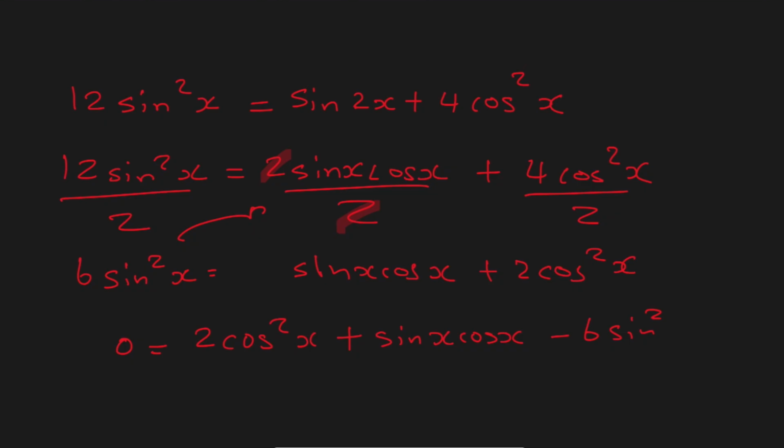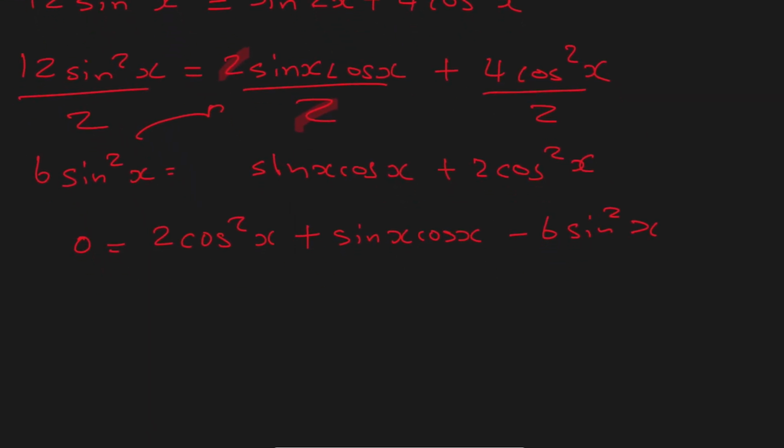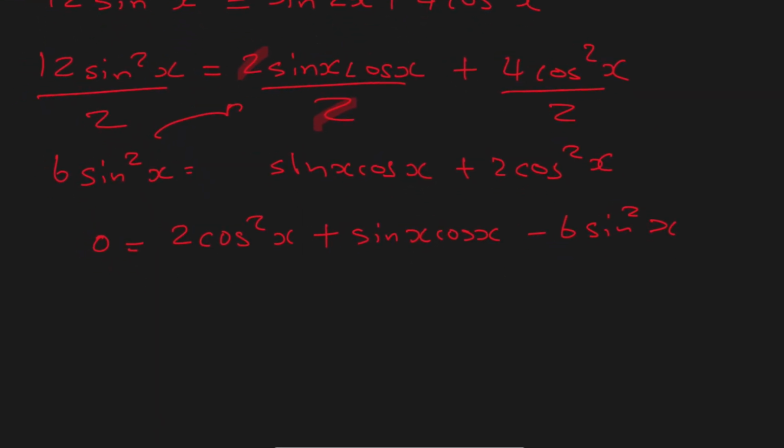So from that part there, what can we do? We can now factorize. Remember, when we factorize, we open two brackets. So we say, how can we write the first part here, which is cos squared?